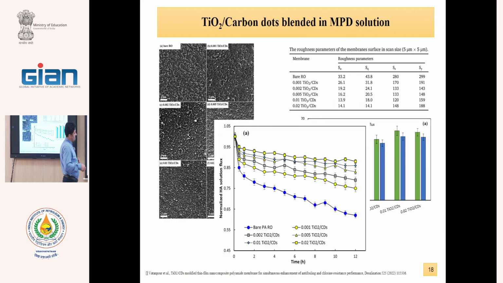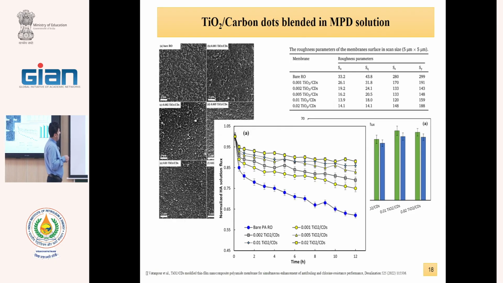Without nanoparticles, after 12 hours, the flux was relatively reduced 35%, but with addition of nanoparticle, only 5% reduced after 12 hours. This shows that a very low amount increases the flux and reduces the fouling.